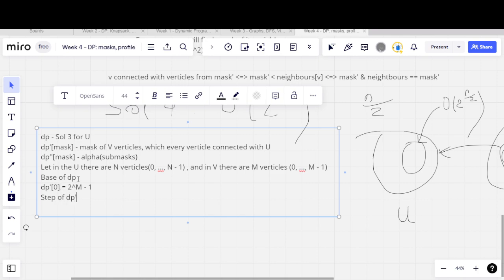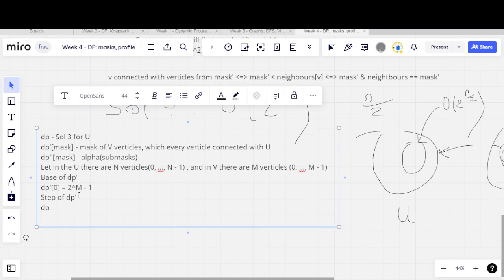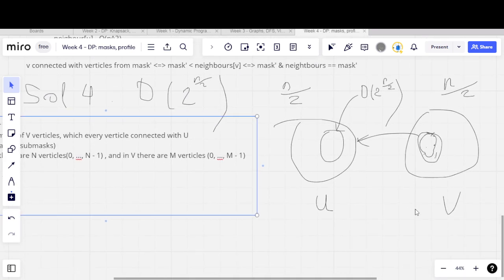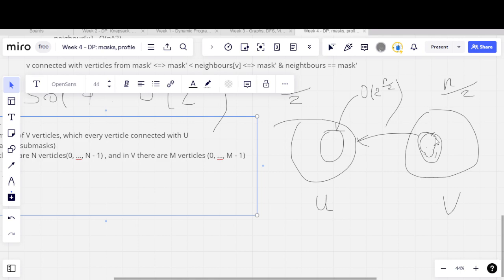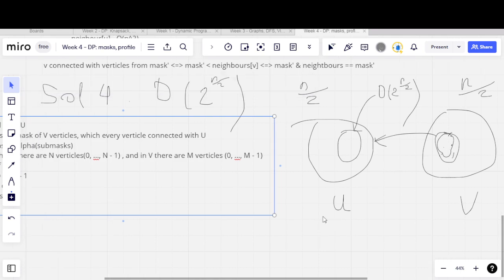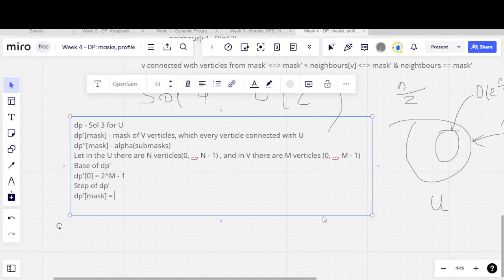strich, not only dp strich, dp masks equal to what? We consider dp mask.